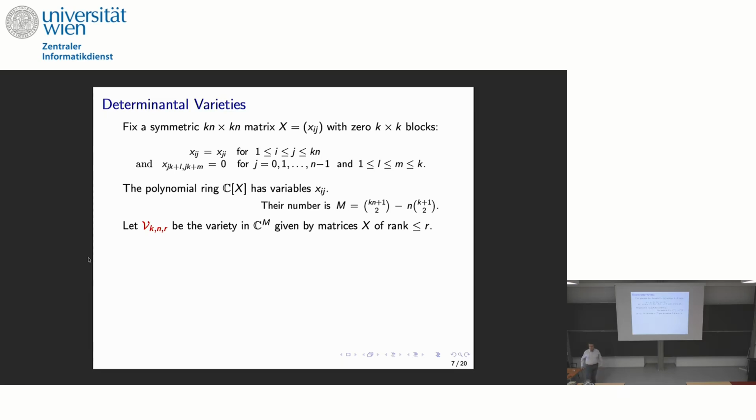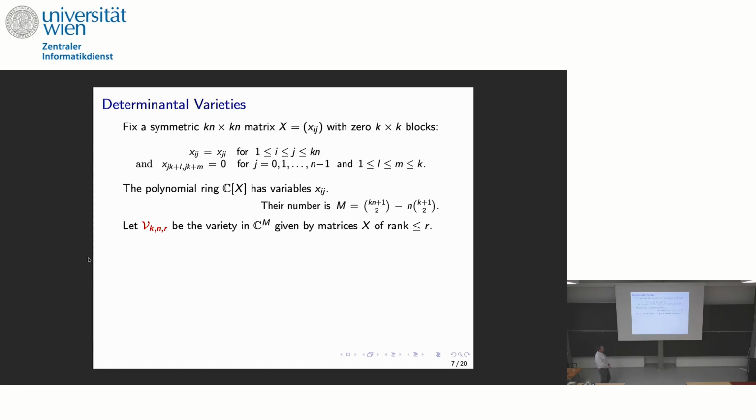So the total number of unknowns here, which I call m, is the number of entries in a symmetric kn by kn matrix, minus the entries in the n blocks that are 0. This is the number of variables in my ring. So I'm going to study the variety V_{k,n,r}.